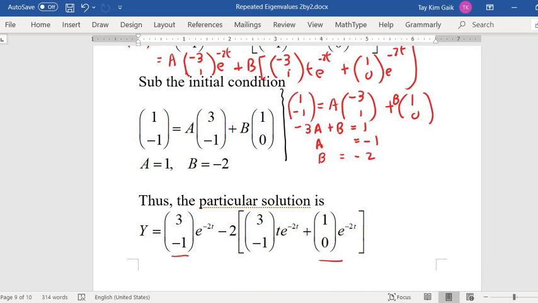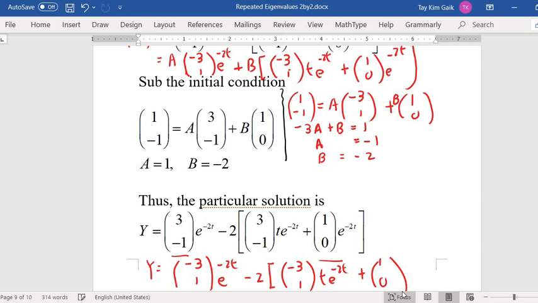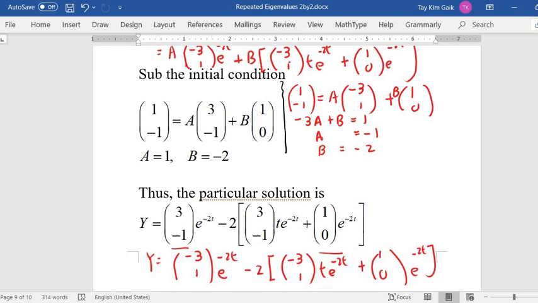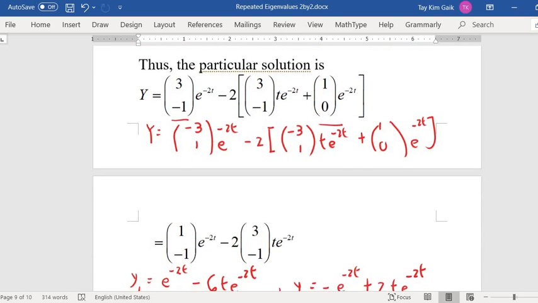You plug into your general solution, the particular solution: V1 is negative 3, 1, exponent negative 2t, b is the same, negative 2, and then negative 3, 1, t exponent negative 2t, v2 is the same, 1, 0, exponent negative 2t. If we expand, we should get the same solution. Check.